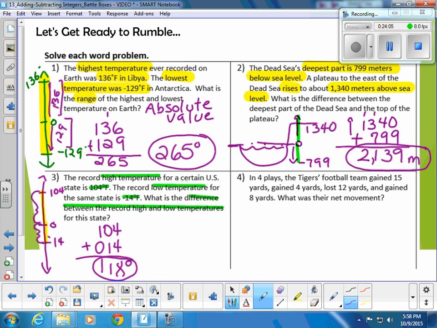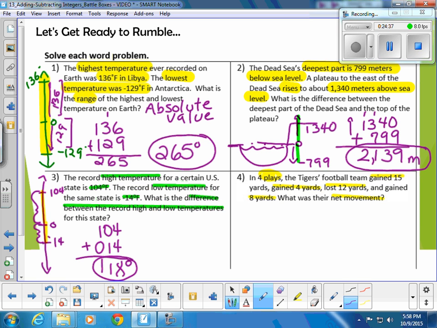Okay, last one we're going to do together, and then the rest of them are yours for Edmodo. If you look at number 4, it says in 4 plays, so we know that I'm going to add or subtract 4 numbers. The Tigers football team gained 15 yards, gained 4 yards, lost 12 yards, and gained 8 yards. And they want to know their net movement, or where they ended up.